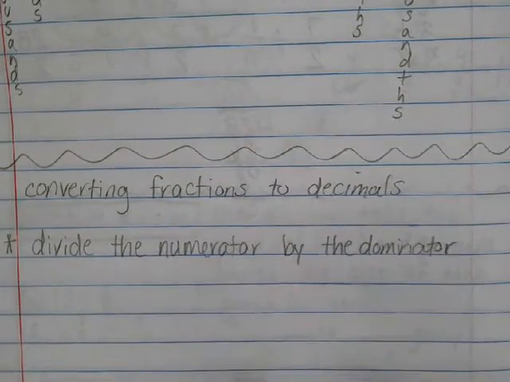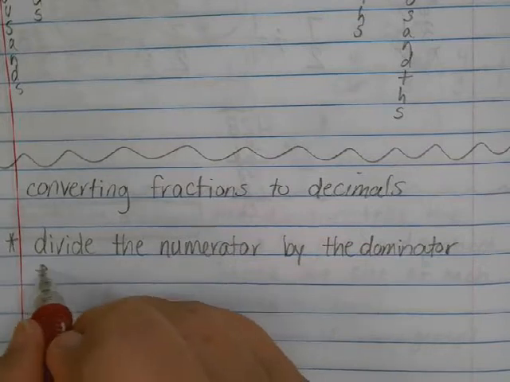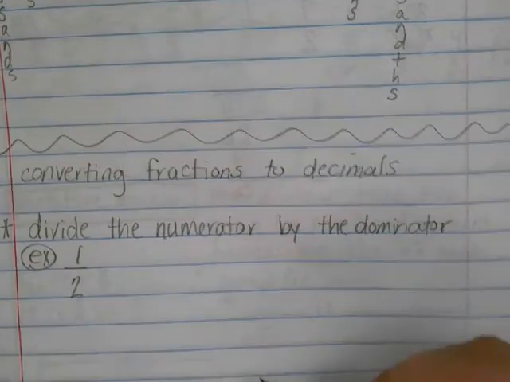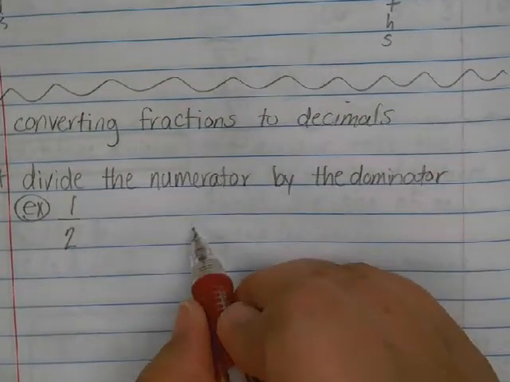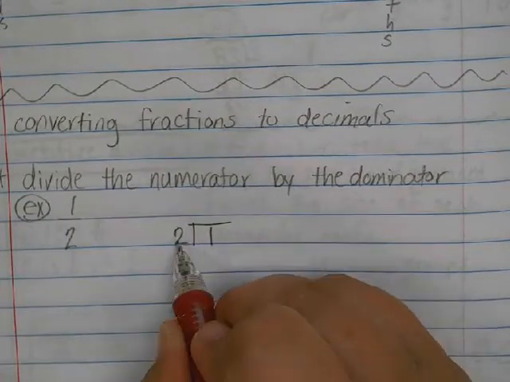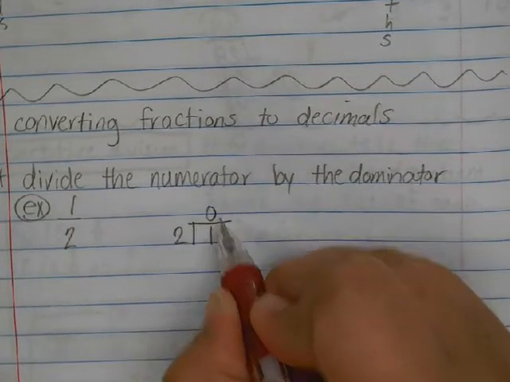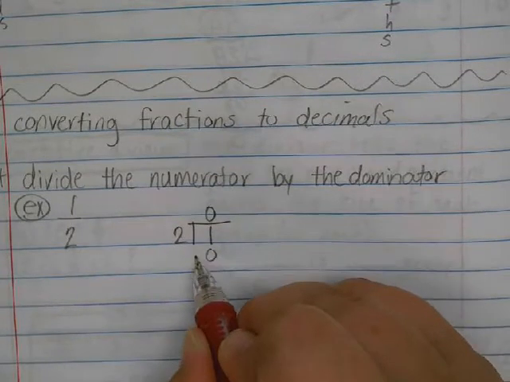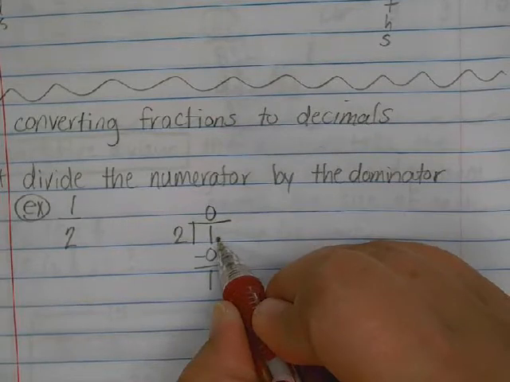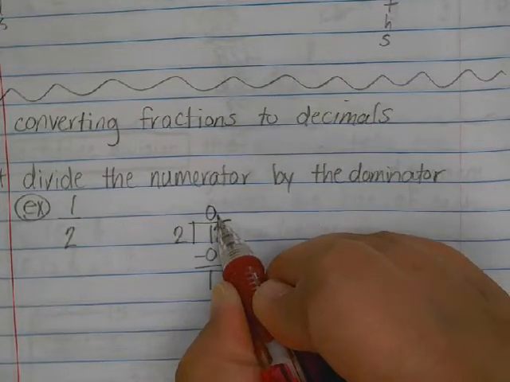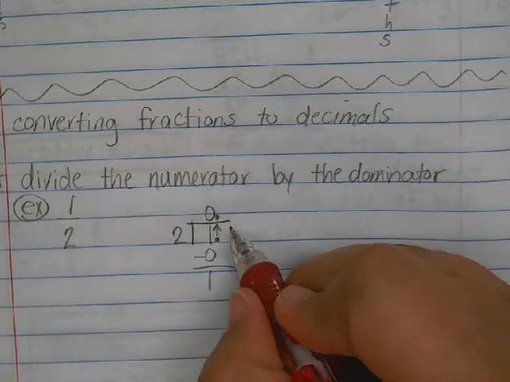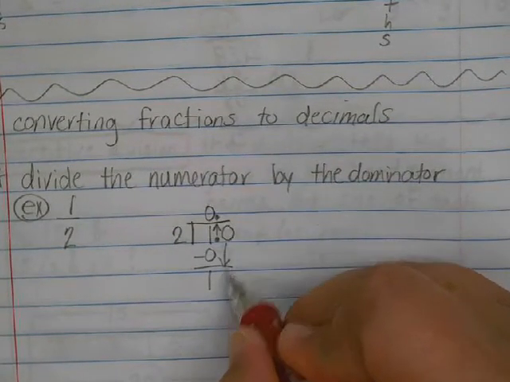That will always work. So for example, if I have the fraction 1/2 and I want to turn that into a decimal, I can just divide 1 by 2. How many 2's are in 1? There are 0, and 0 times 2 is 0. I subtract, bring down my 1. I have to add in a decimal, and I go ahead and put that right up into my quotient, into my answer, and then I add in a 0.